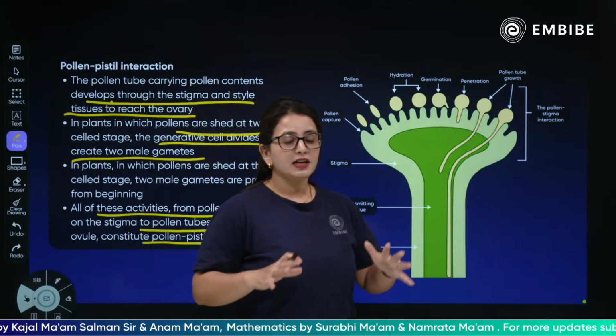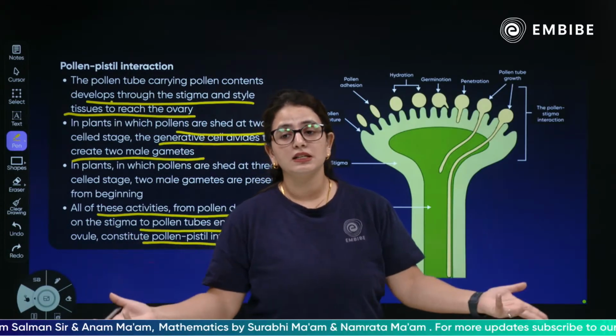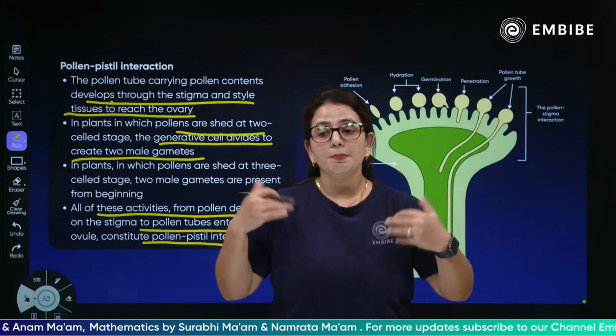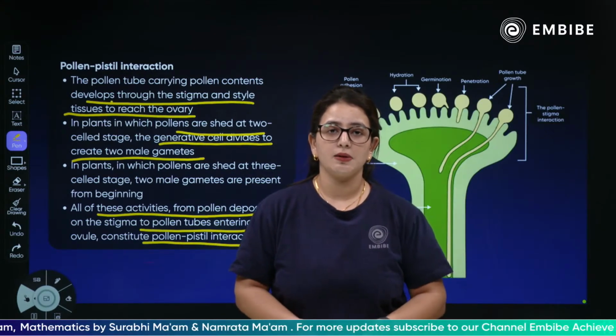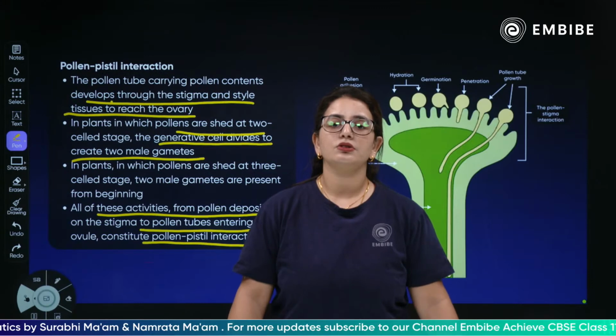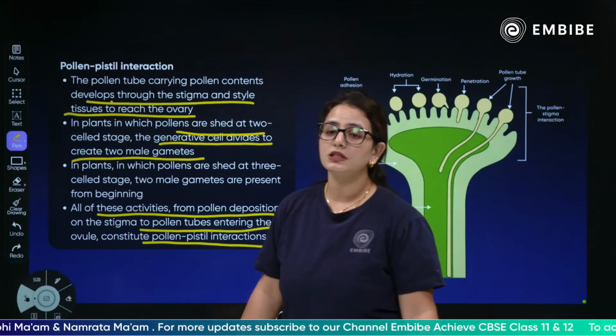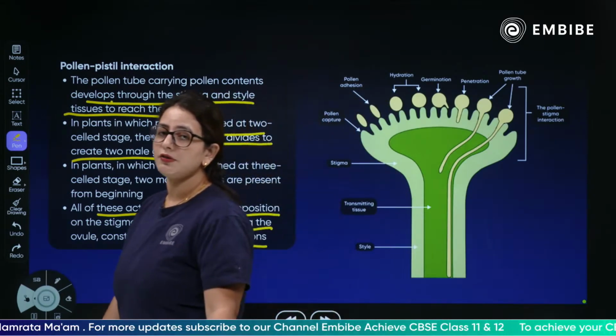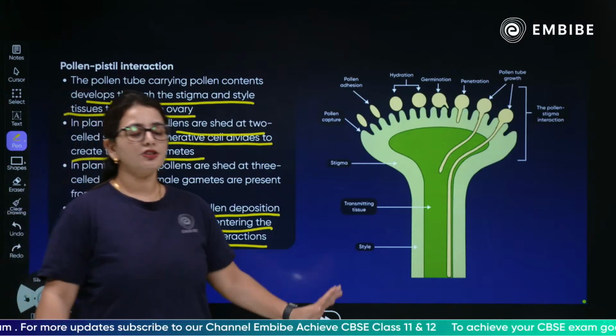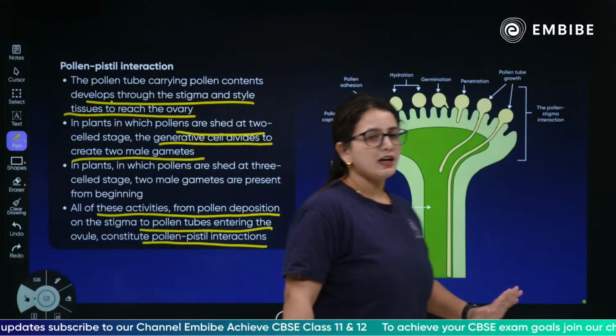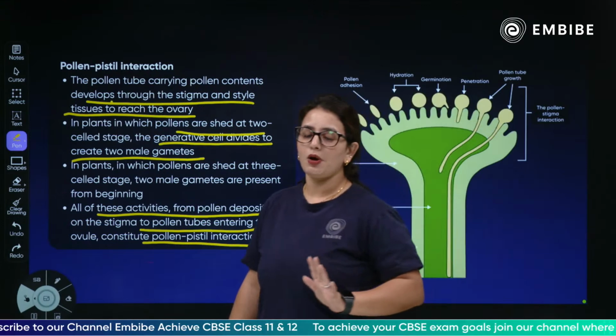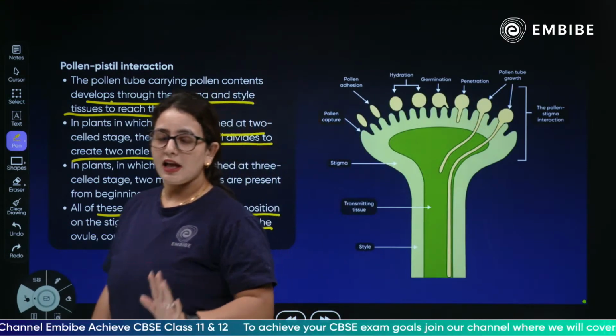Sometimes even the pollen of the same plant is rejected by the stigma. It does not germinate because the stigma does not feel it is compatible. It rejects the pollen grain and goes for cross pollination, avoiding self pollination.